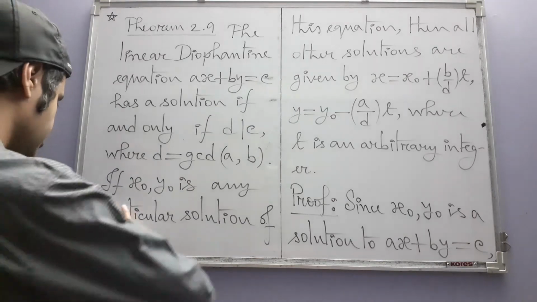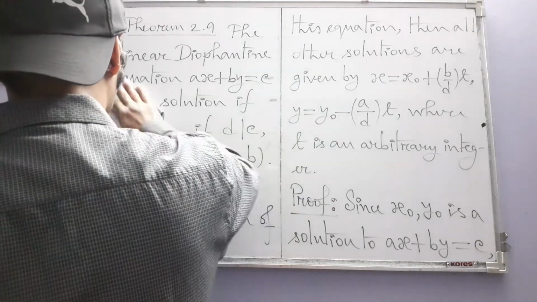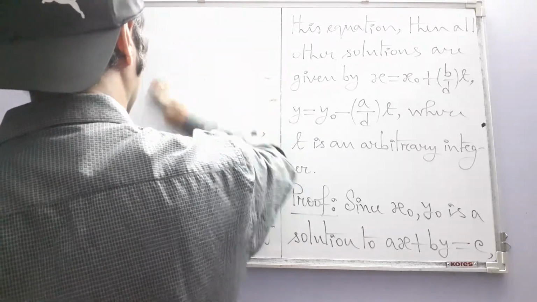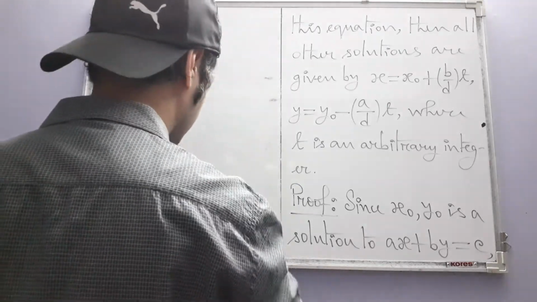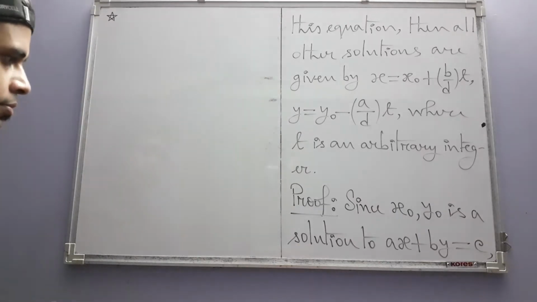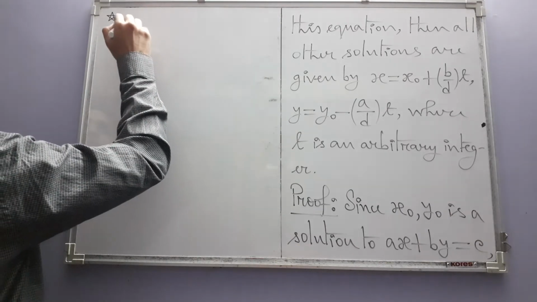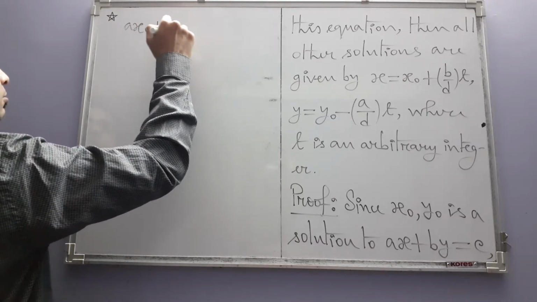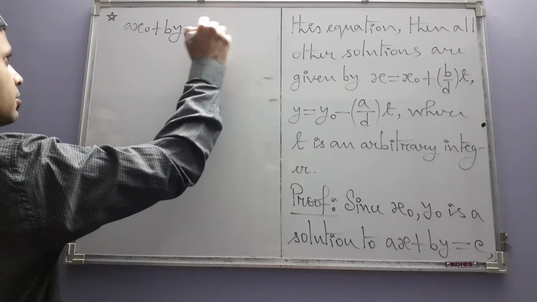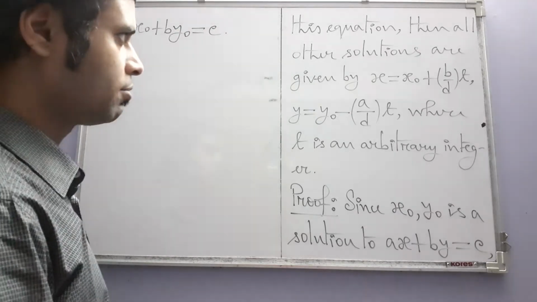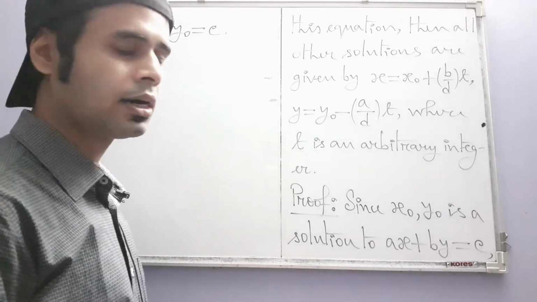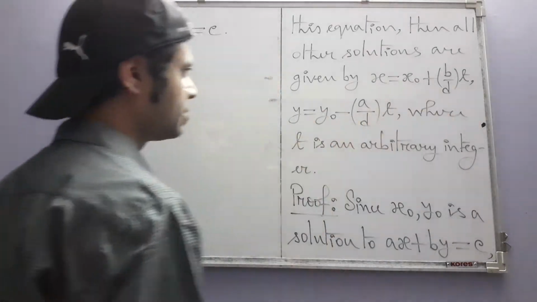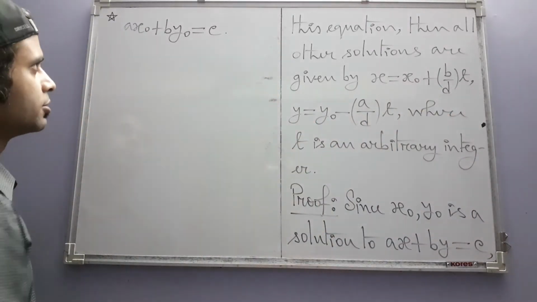So you can use them in the equation and the equation will be satisfied. So ax0 plus by0 is equal to c. Now let us first show the easier half, that is that these expressions form a solution.